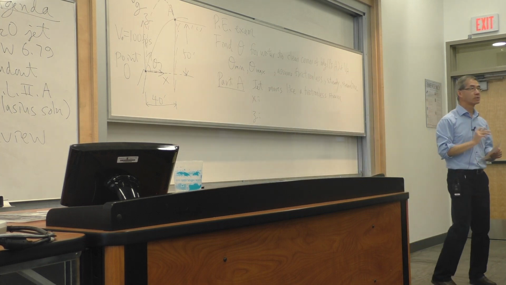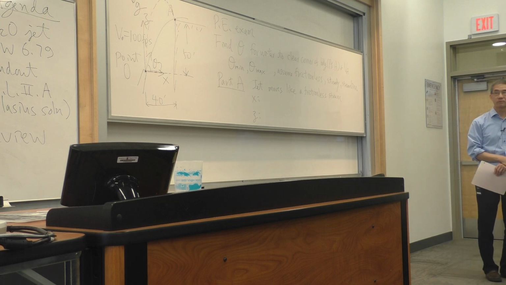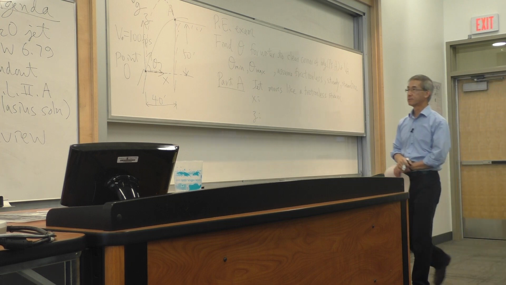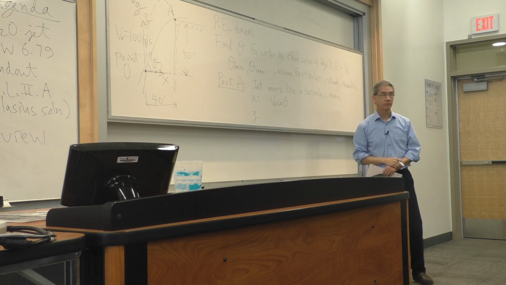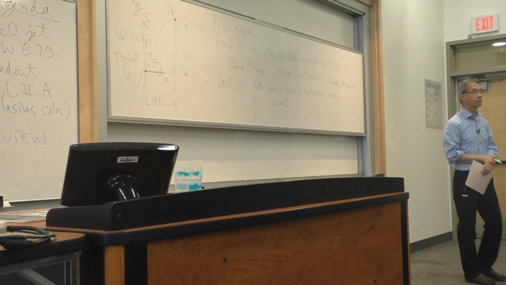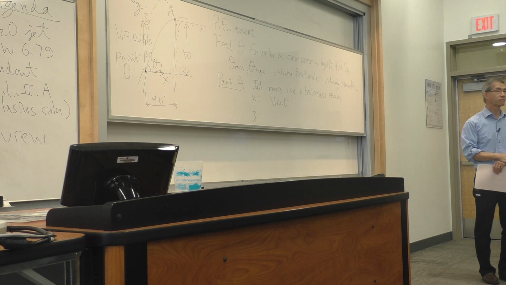I want you to tell me what is the equation of motion in the x direction. What can you tell me about x? It is cosine theta of the velocity v sub 0, 100 feet per second, the component parallel to the x-axis. That's the x direction velocity.